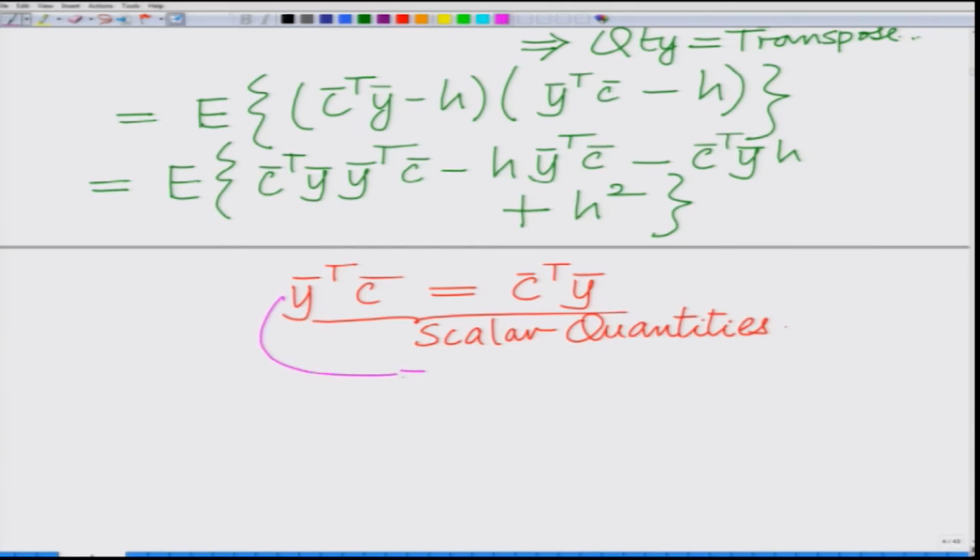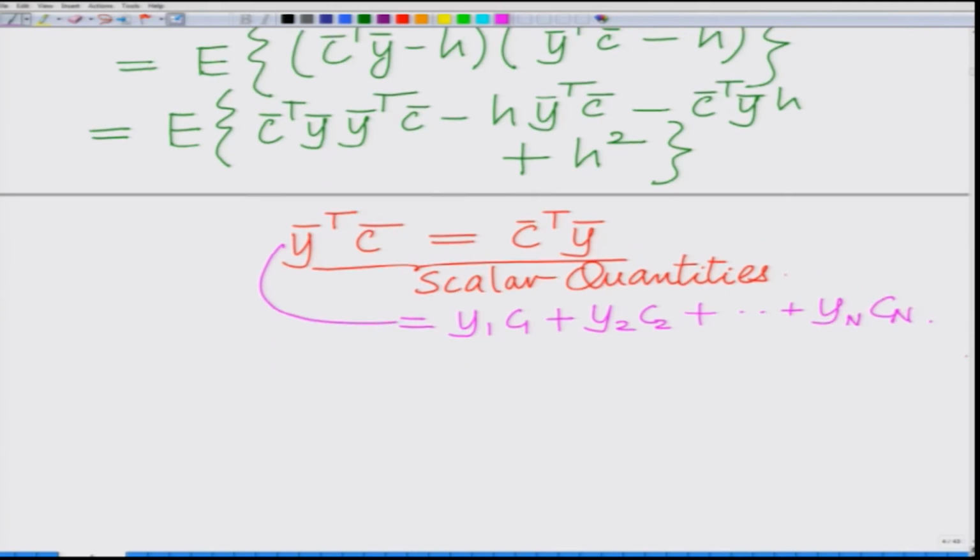In fact, both are equal to y1 C1 plus y2 C2 plus up to Cn yn. Therefore, we have y bar transpose C bar equals C bar transpose y bar.